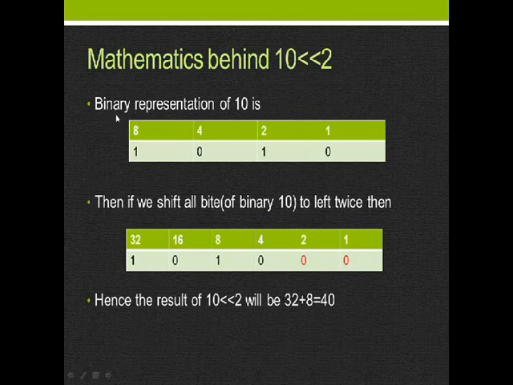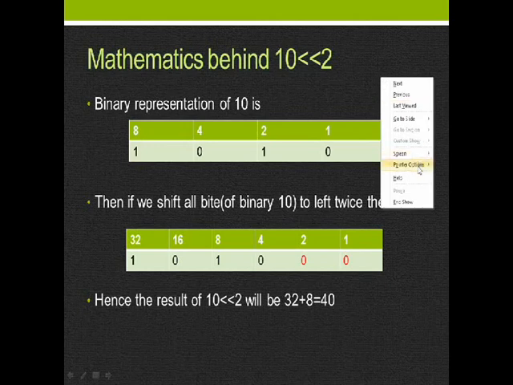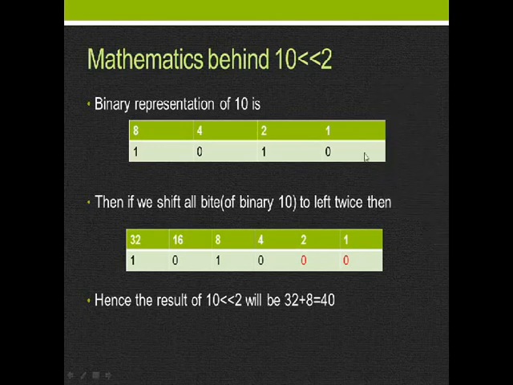First we see the binary representation of 10, which is 1010. This is 2 to the power 0, this is 2 to the power 1, 2 to the power 2, 2 to the power 3. Now the binary representation of 10 is 1010. Now let us shift left twice. Sorry, here is a printing mistake.